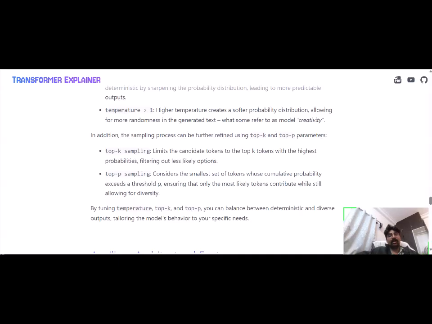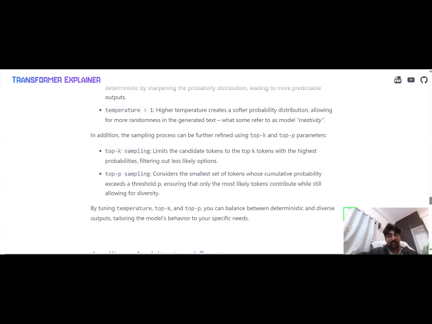Another way, top-p sampling: we choose a set of tokens using a threshold on the cumulative probability.